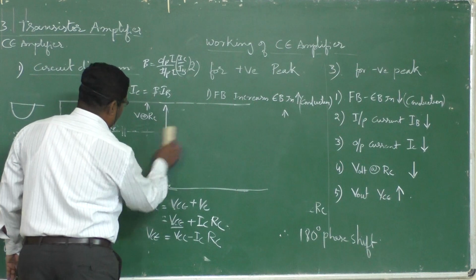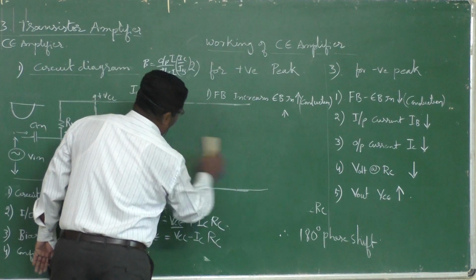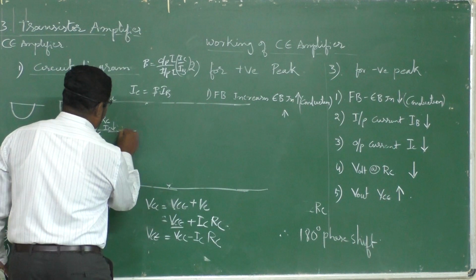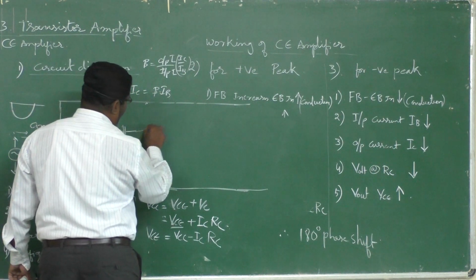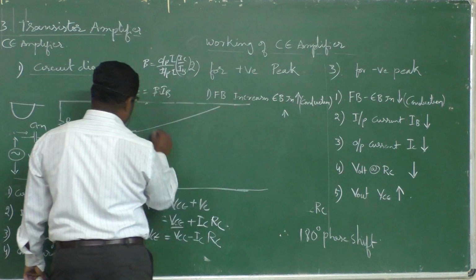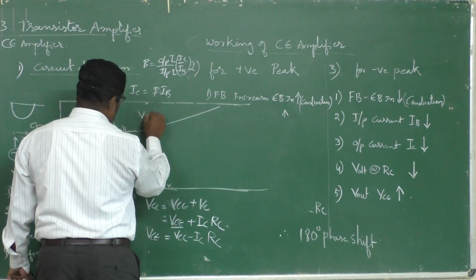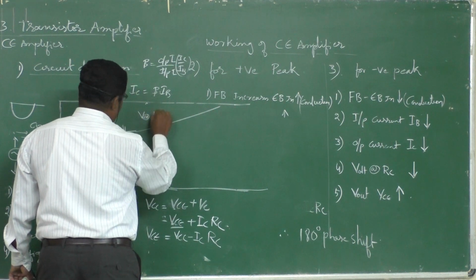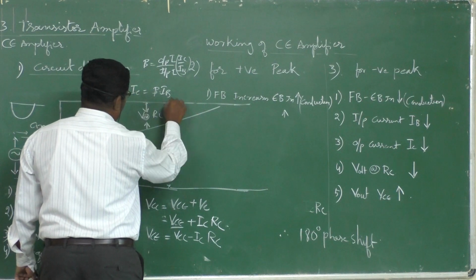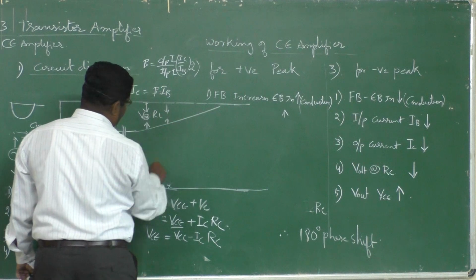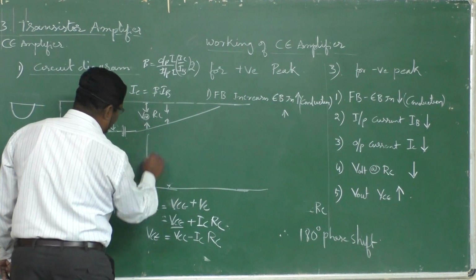How? Here I am writing. See here, the voltage goes on decreasing. When it goes on decreasing, the voltage at RC is reducing. When it is reducing, what happens to the output here?